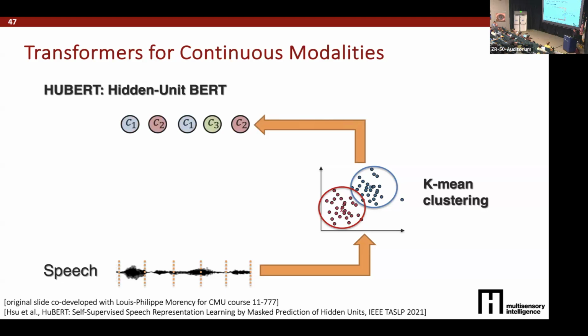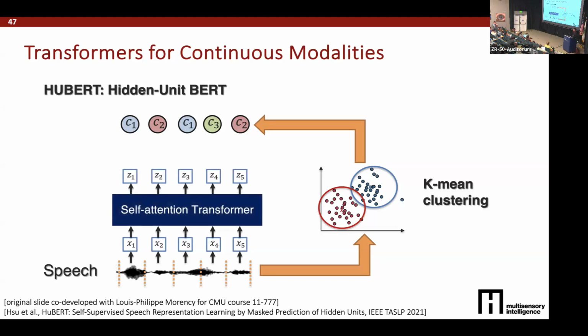So once you've done k-means clustering, you can essentially transform those continuous data into discrete one of three clusters, 1, 2, 3, and then you can put them through a transformer, learn representations, mask out certain regions, and then use the features to reconstruct the missing regions. But now the reconstruction is essentially classifying which of the three clusters those missing speech regions belong to.